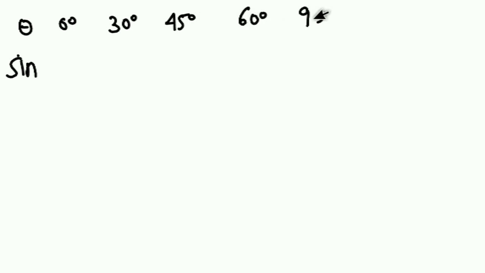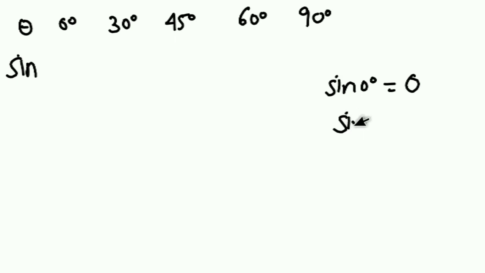Now we are going to see values for some trigonometric ratios. For example, if theta is 0 degree, or 30 degree, or 45 degree, or 60 degree, or 90 degree. So what will be the value of sine 0 degree? It will be equal to 0.